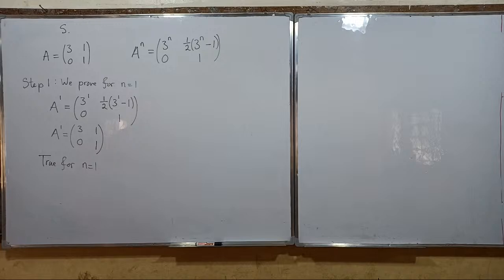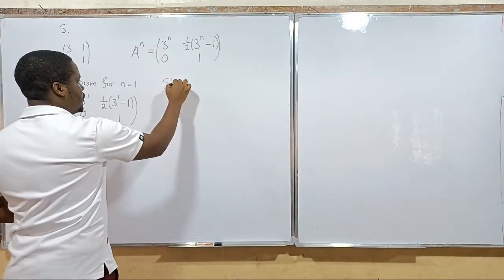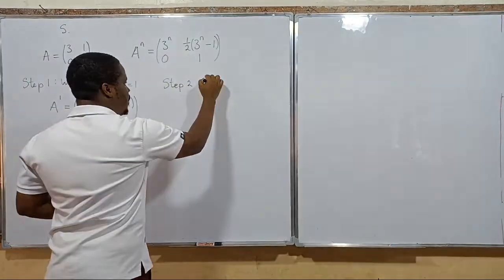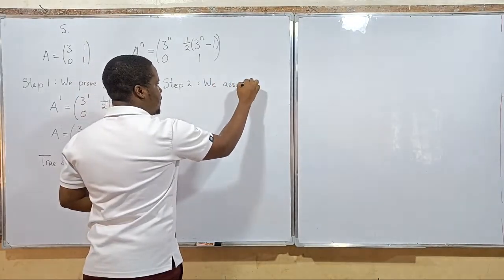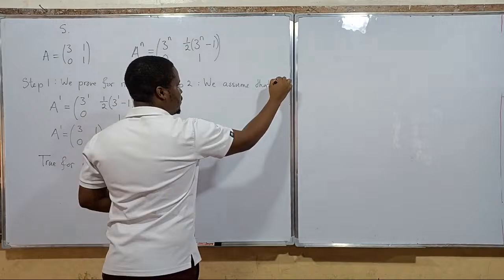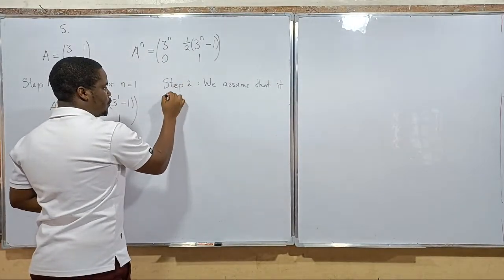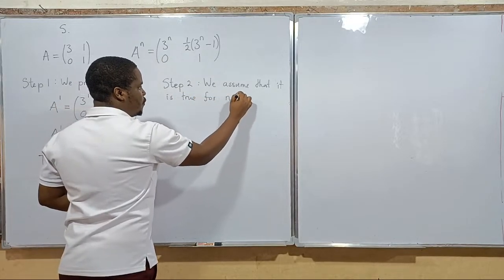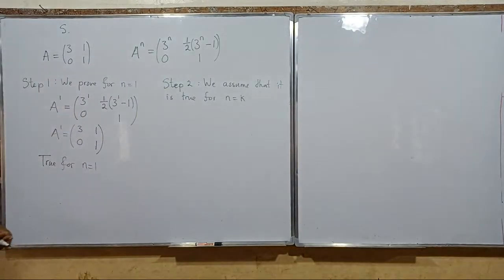We move on. Step 2. For step 2, we assume, we don't prove. We assume that it is true for n is equal to k. So where there's n, we substitute k.